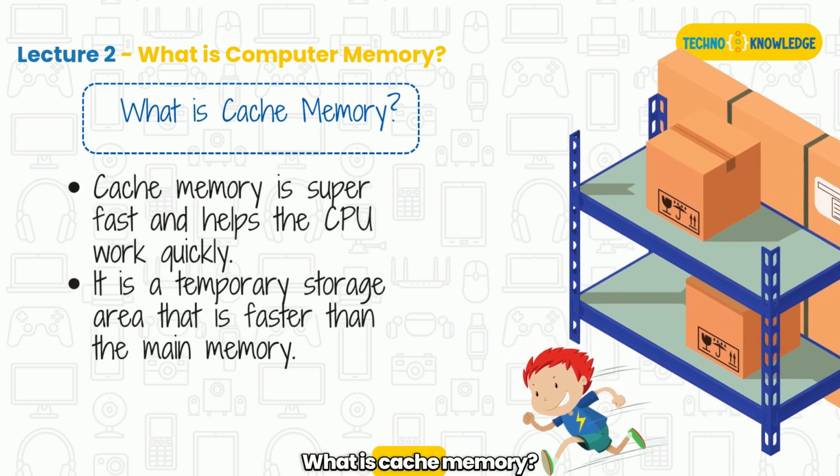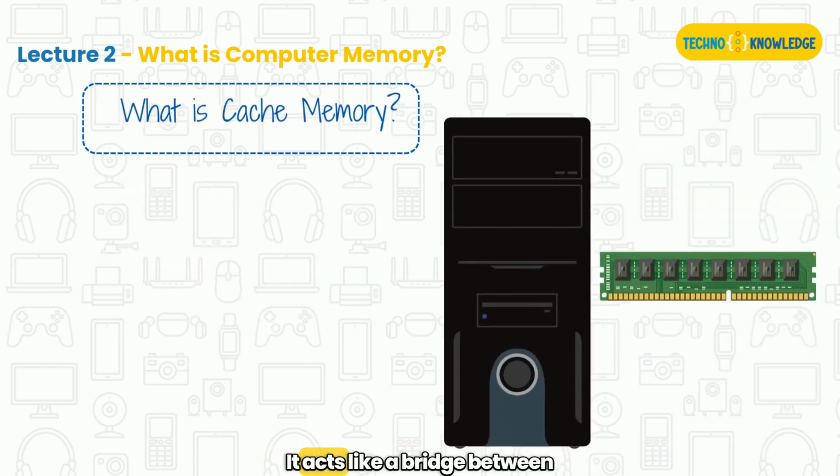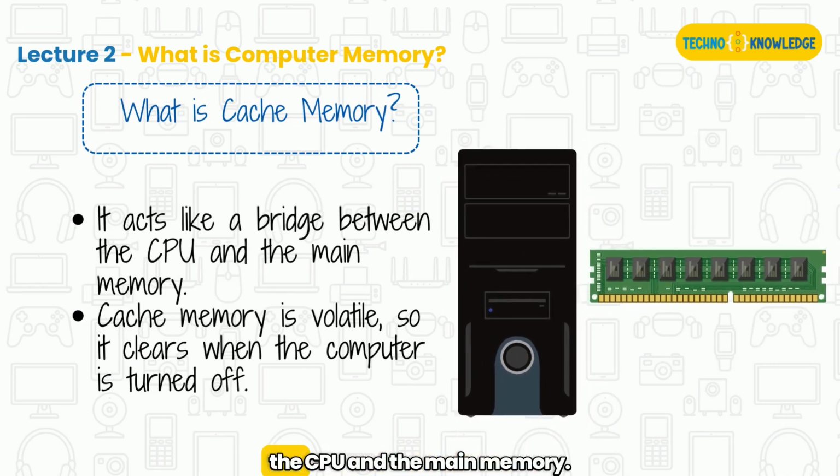What is cache memory? Now, let's learn about cache memory. Cache memory is super fast and helps the CPU work quickly. It is a temporary storage area that is faster than the main memory. It acts like a bridge between the CPU and the main memory.